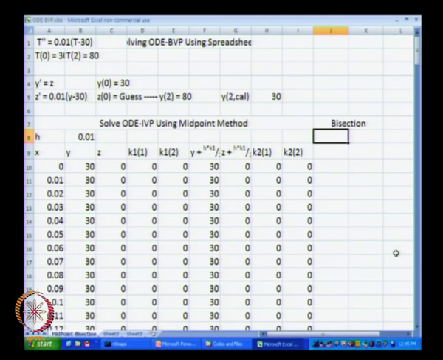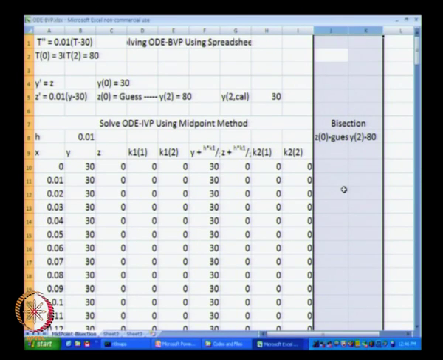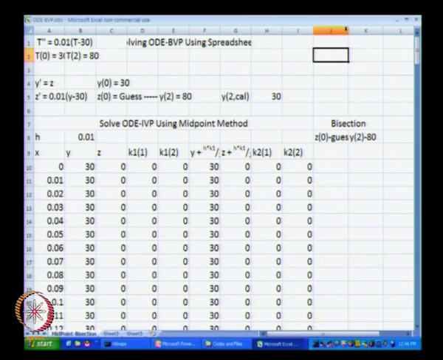So, this is going to be our Z0 guess, and this is going to be our y2 minus 80. Okay, I have resized this a little bit more, okay.